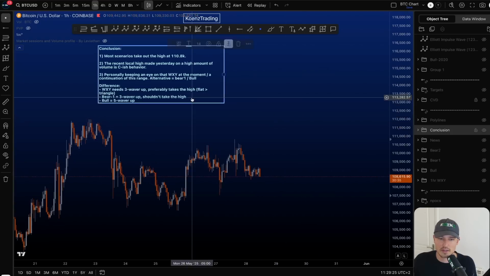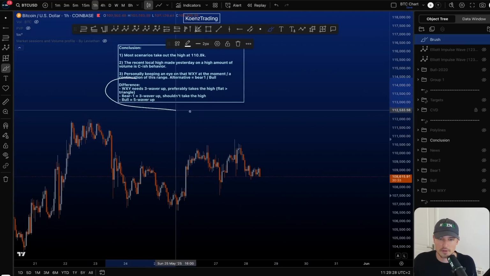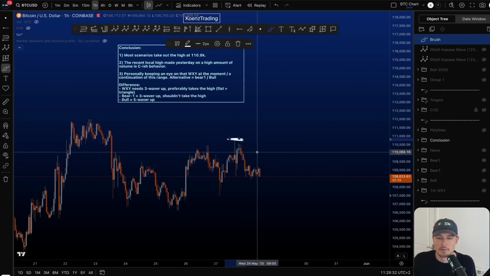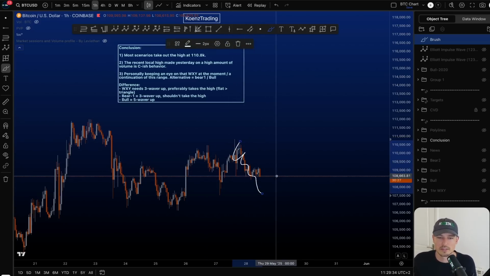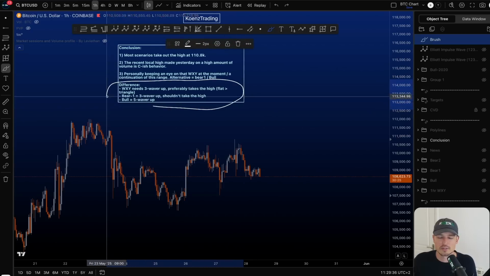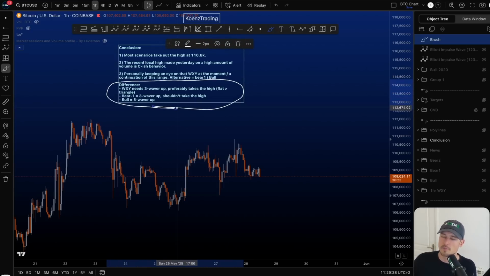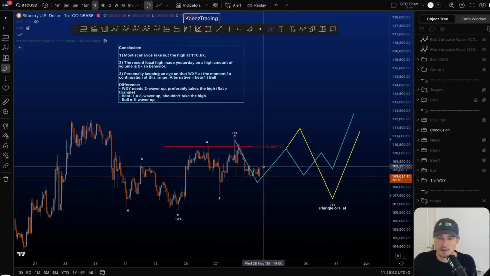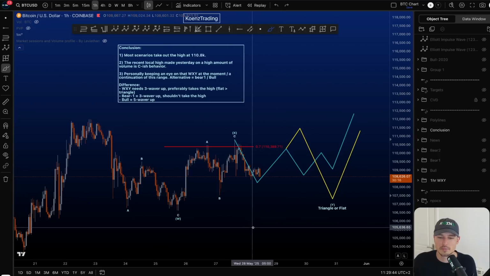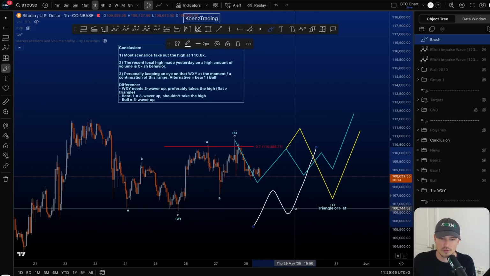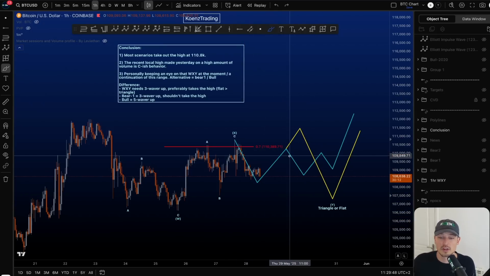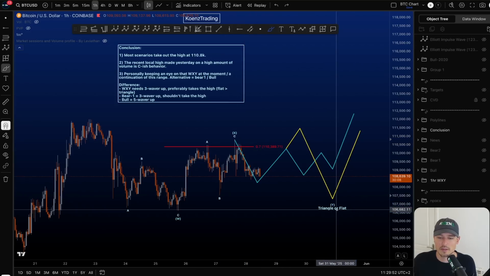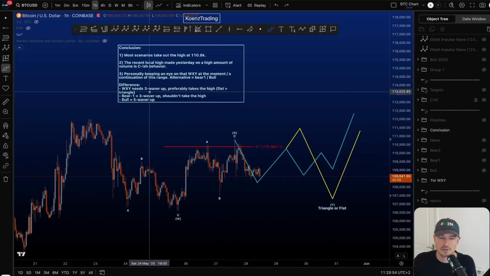Now you can see that I wrote something more here as well, because if we are looking for price to eventually take out the high at 110.8K once the move down here is finished, the structure is going to be very important for the probabilities of the different scenarios. Because in the WXY, the move up has to be a 3-wave structure, not a 5-wave structure, and preferably it takes out the high, as a flat has higher probabilities at the moment than a triangle.